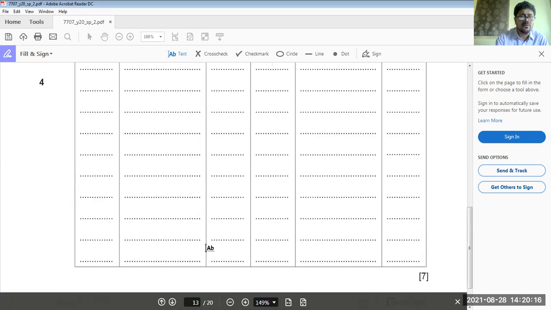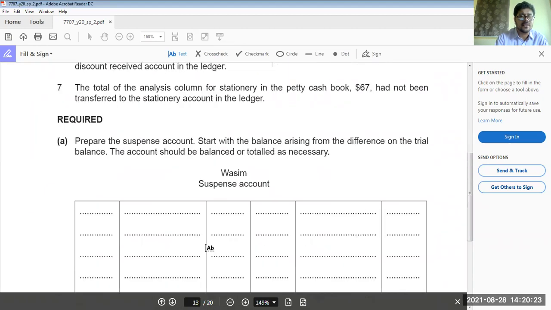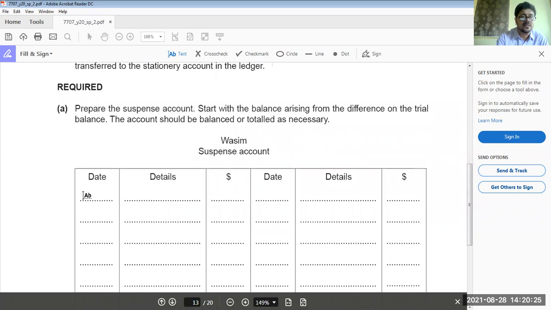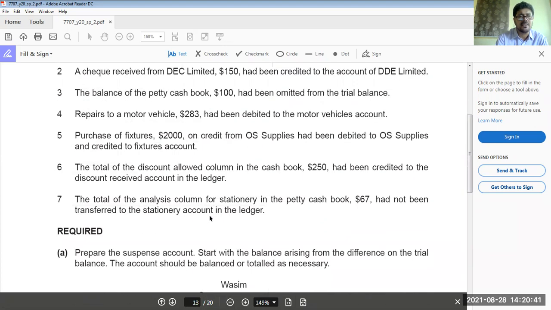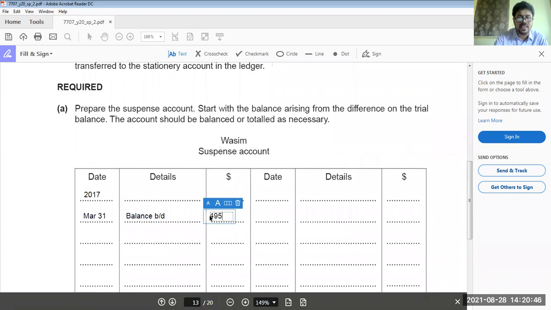Now, what we do, we have to make the suspense account. 2017, March 31st, balance reading, or you can write difference in trial balance, that is on the debit side, 495.